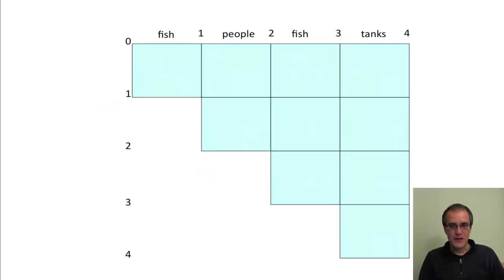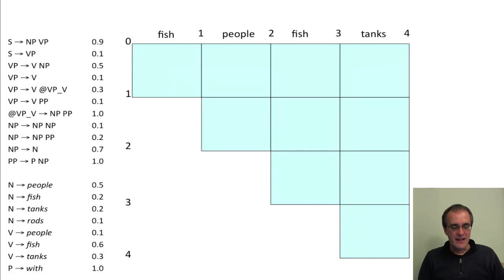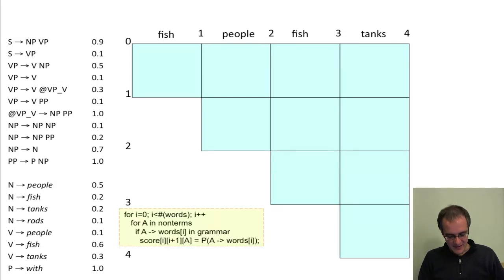Okay, so what do we need to get going? We have our sentence to parse, fish, people, fish, tanks. The second thing that we need is the grammar. And so then once we've done that, we can start doing things. In particular, what we're going to do is start filling in the lexical entries.